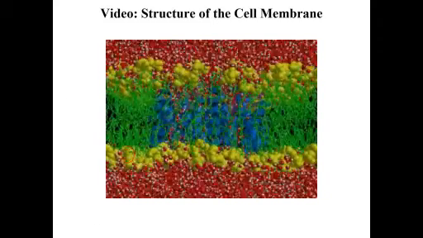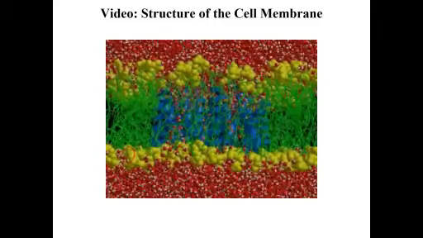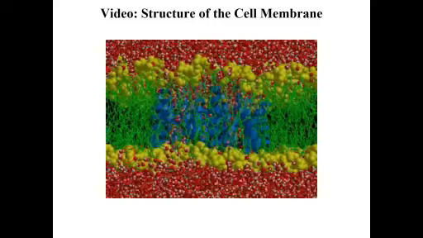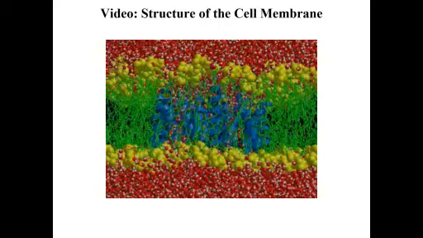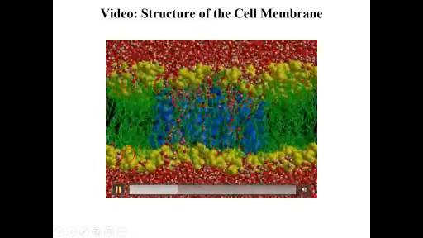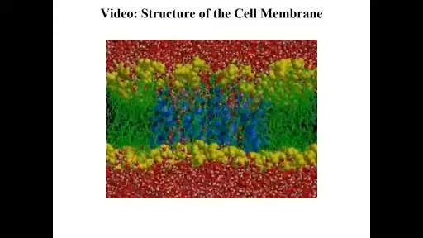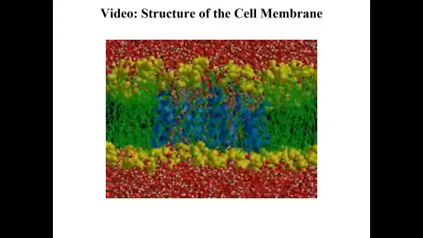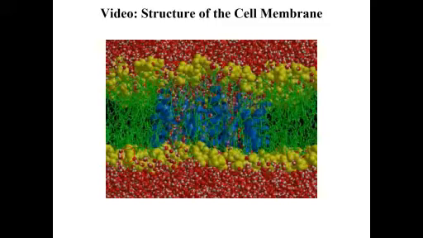Notice how the bilayer is moving back and forth. It wiggles, it waggles. It's dynamic. It changes. So the cell membrane is fluid. It has a fluidic nature to it.